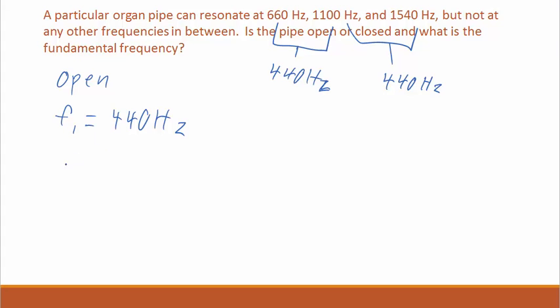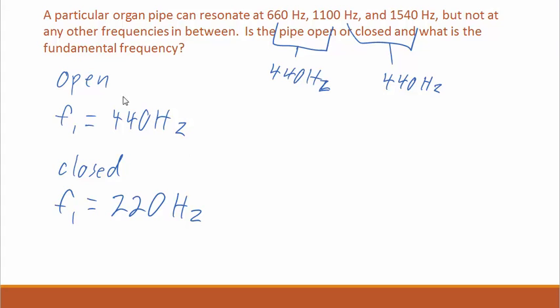If it's a closed pipe, then I'm only getting every other harmonic. So if this is, say, F3 and that's F5, there's a difference of 2 times the fundamental. So if 440 is twice the fundamental, if it's a closed pipe, then the fundamental would have to be 220 hertz. So how do I know which one is which?